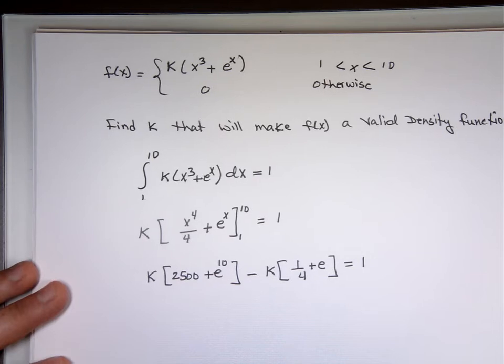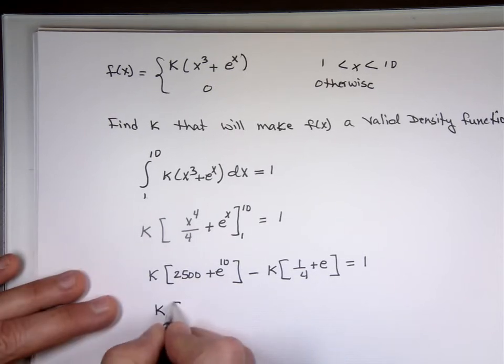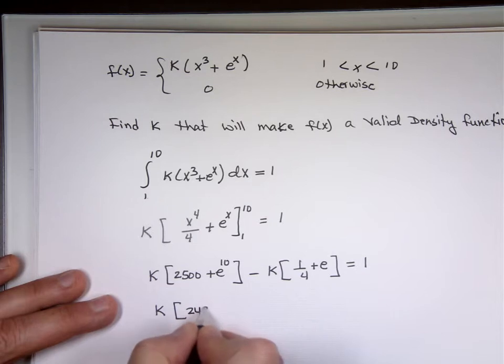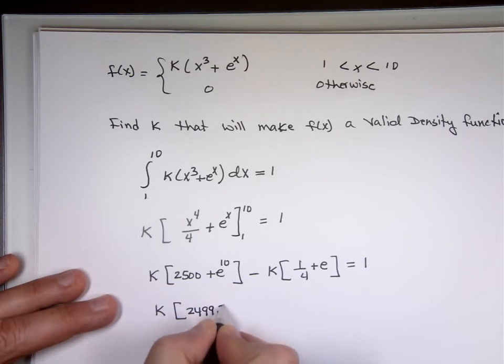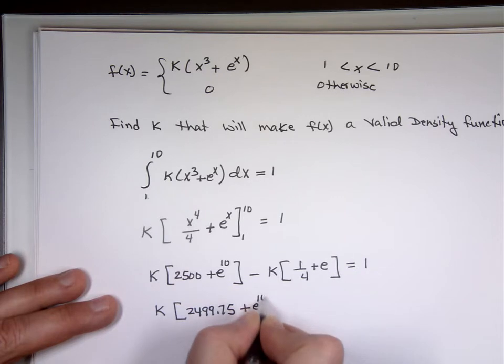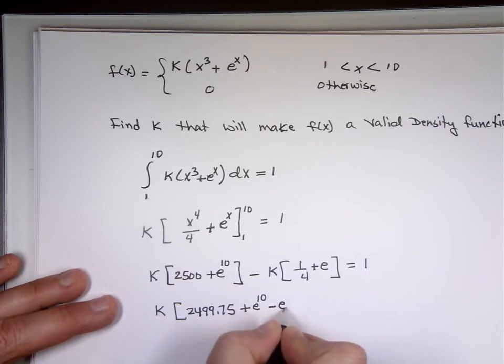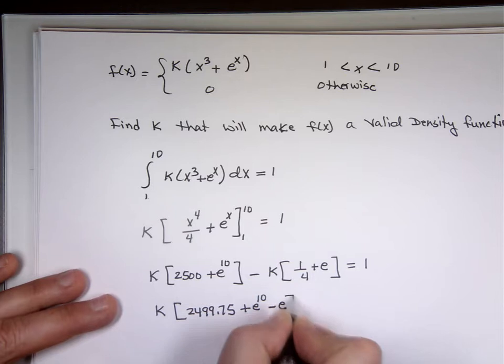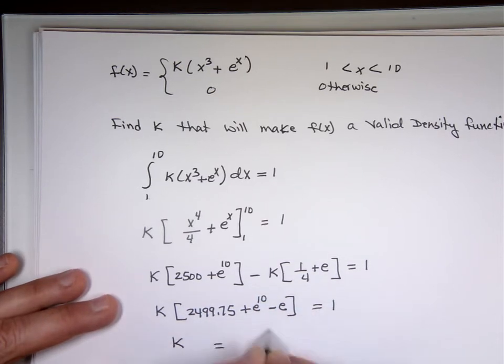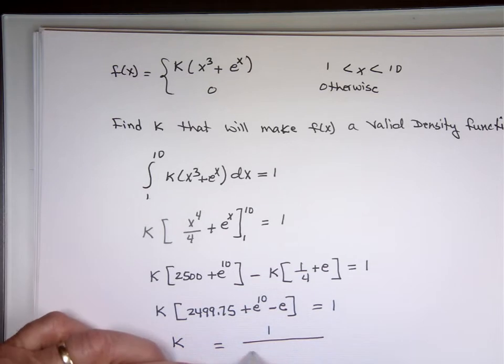I can factor a k out. 2,500 minus a fourth, 2499.75 plus e to the 10 minus e. What does k have to be? 1 over, it's going to be a tiny, tiny value.